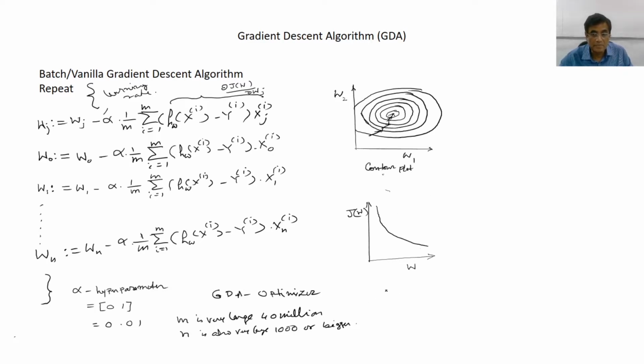If you remember, in our linear regression the cost function is convex in nature, and it has a global optimum, and Wj will converge to this value, and it should not change afterwards.